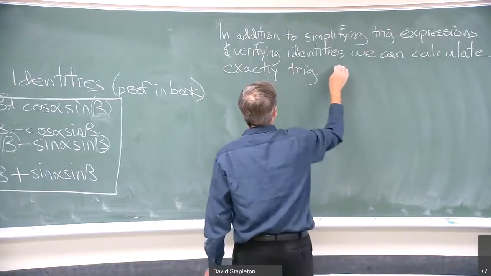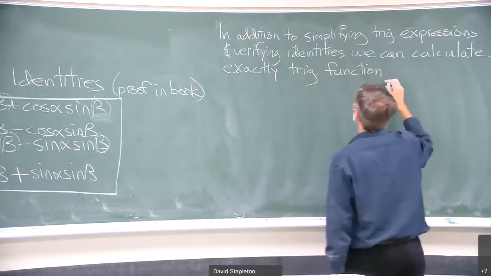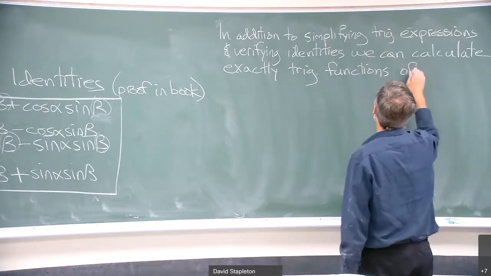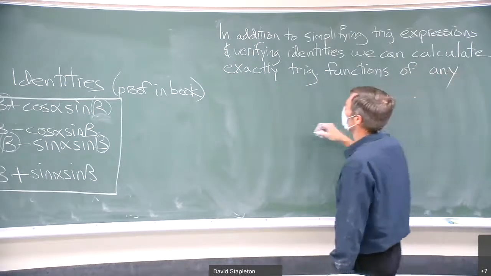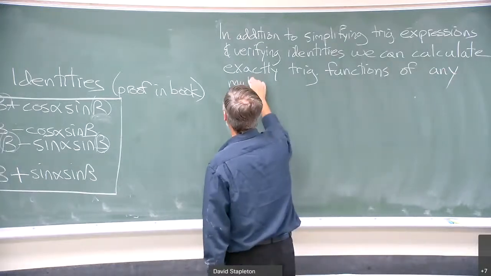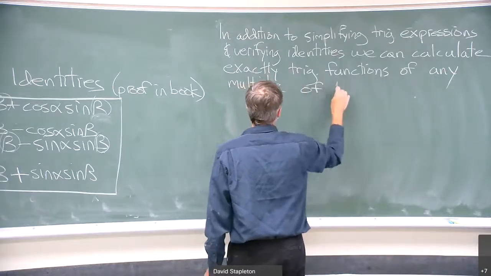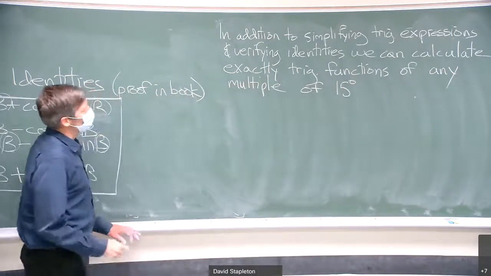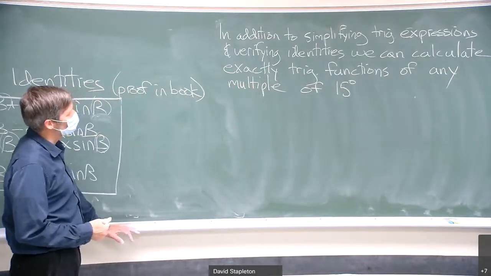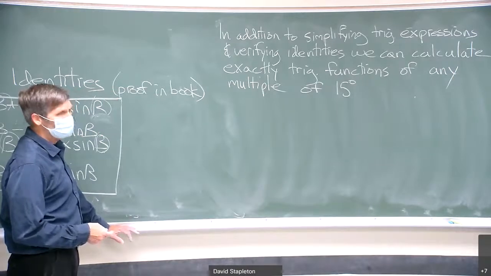What angles are they? They're any multiple, instead of 30 or 45 degrees, any multiple of 15 degrees. Some of your calculators can do this too. Some of them can't. You can get exact expressions now for any multiple of 15.